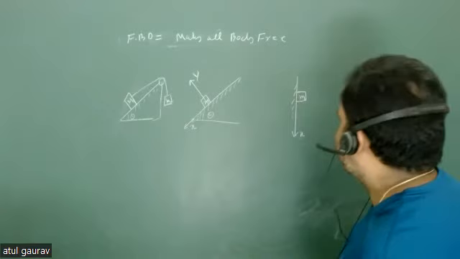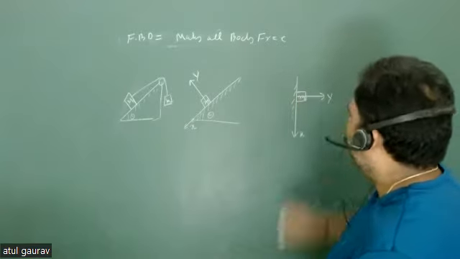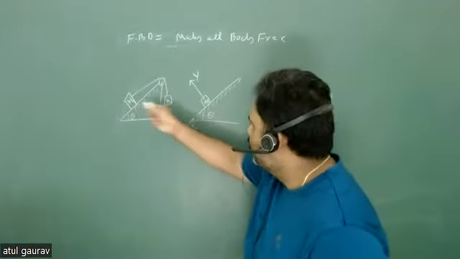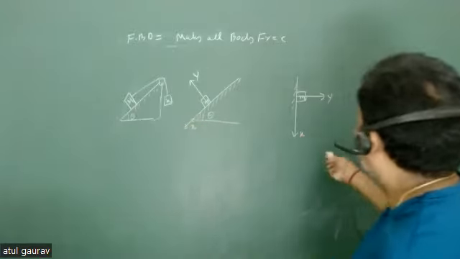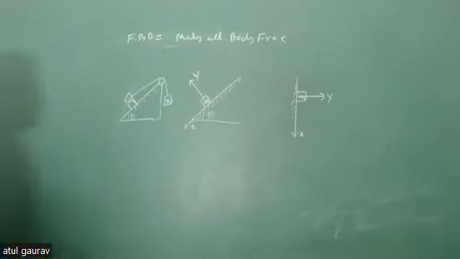Where will be your y-axis? This will be your y-axis. Okay. Here this is for this body. This is your x-axis. This is your y-axis. Suppose कुछ इस तरह का condition हो जाए. You can have this type of condition also.